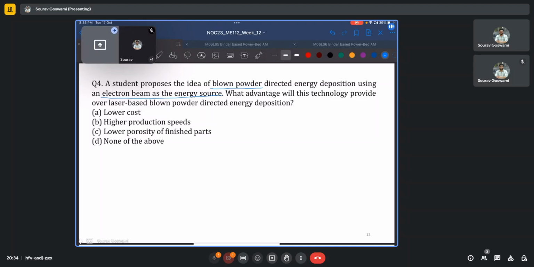The moment we use some carrier gas to blow the powder into the deposition zone, this vacuum will be terminated and violated. Thus, it simply is not compatible, and thus, this technology is simply not possible. Thus, none of the above advantages can be had.